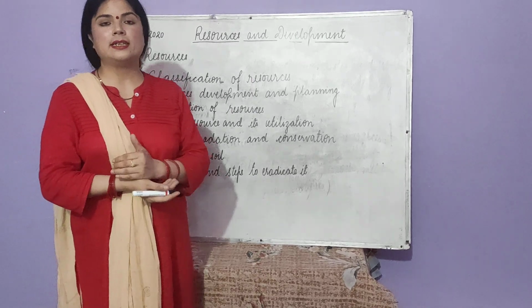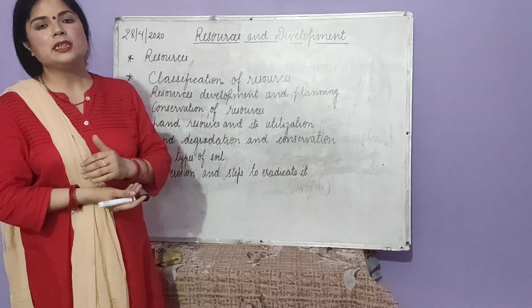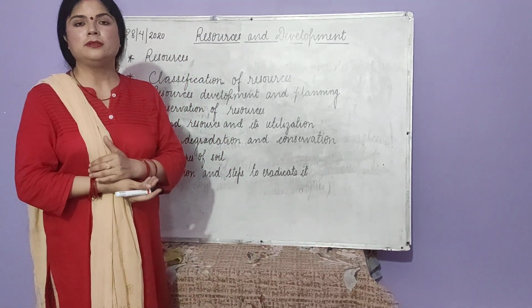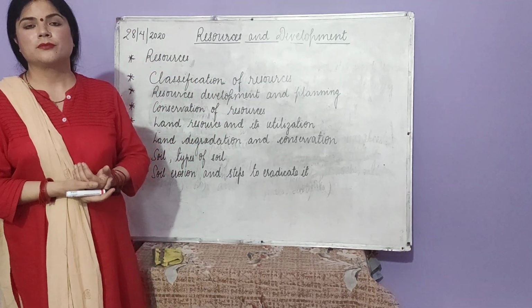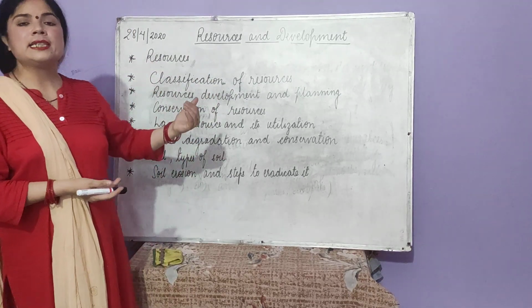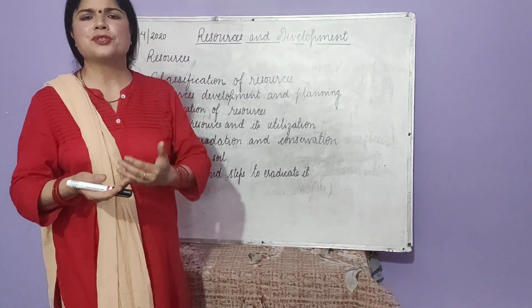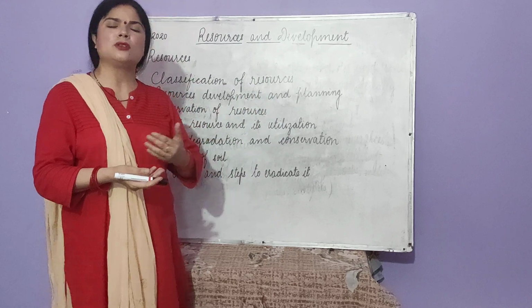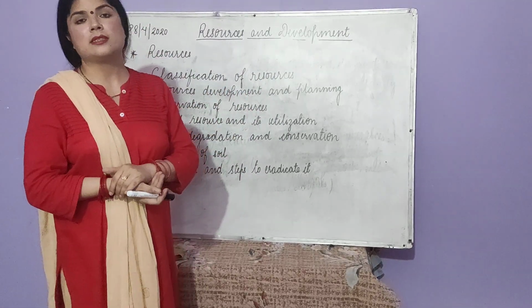Here we should understand nicely that without the use of technology, human beings also cannot use these resources properly. And then institutions come. Institutions refer to factories, industries and so many other organizations which work to use these resources.